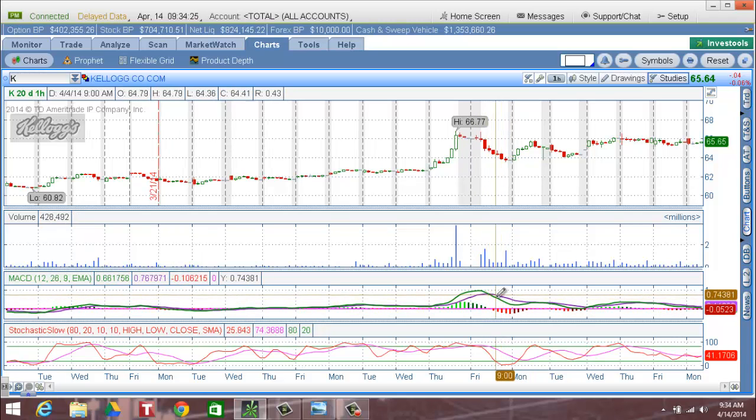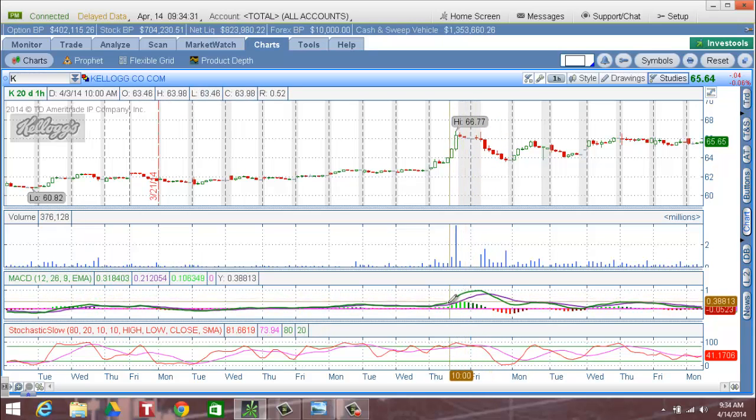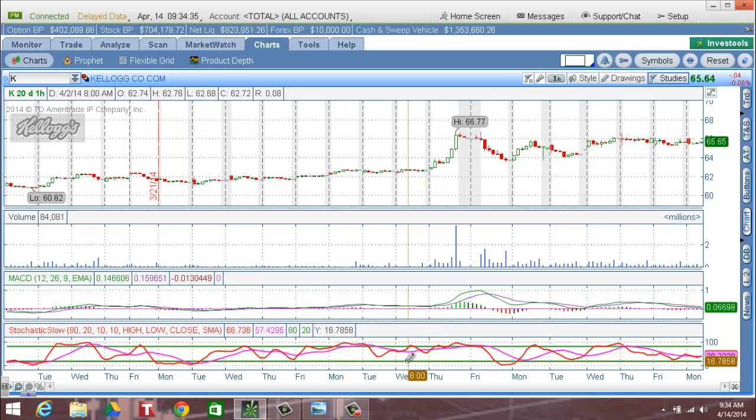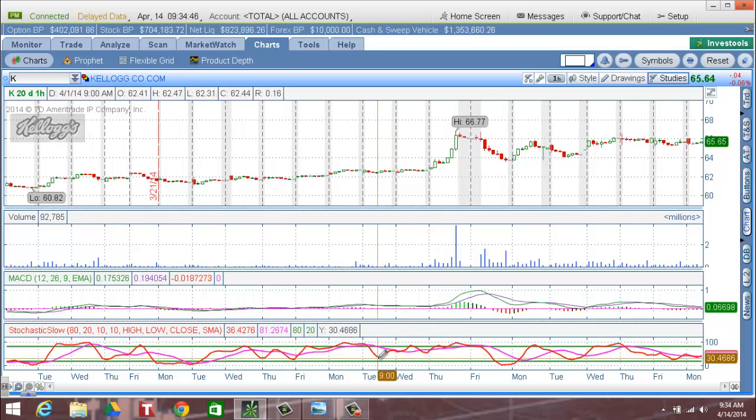So it tells you how strong your trend is going to be, whether your trend is going to be bullish or bearish. That's what the MACD does. Now, down here at the stochastics, and remember, you can change these colors to whatever you want by going back to edit studies.